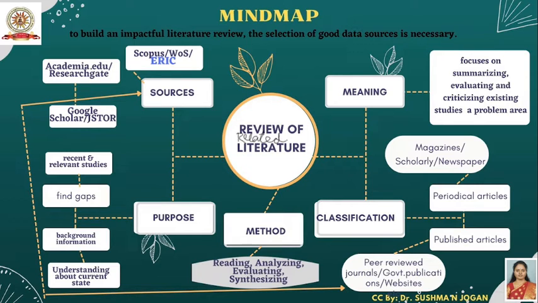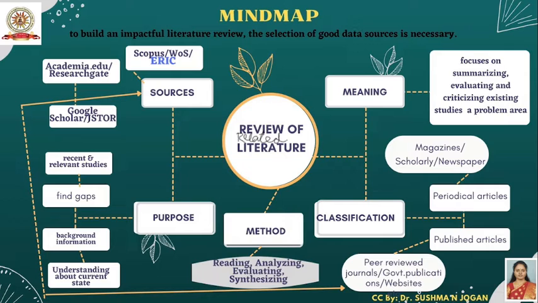Well, published articles, for example, peer-reviewed journals. A peer-reviewed journal is a journal where you can see a subject experts committee, who will go through the articles on particular subjects. Those will be published and made available.